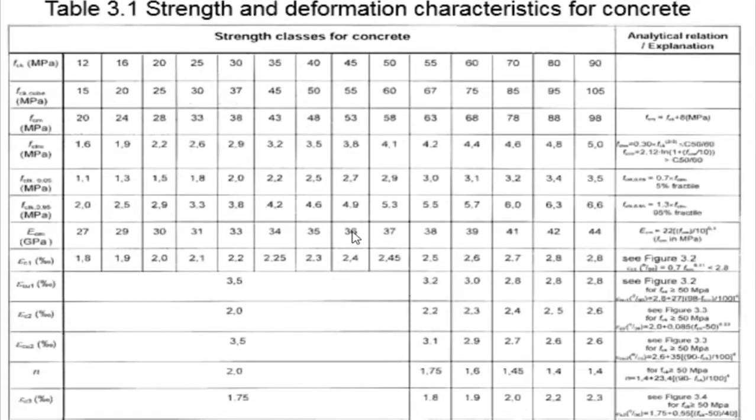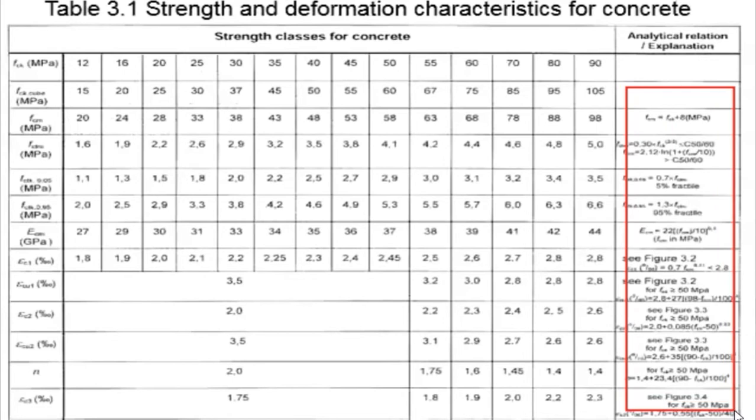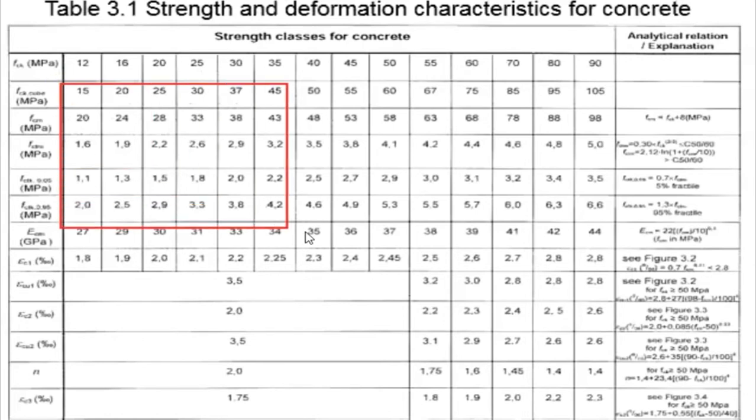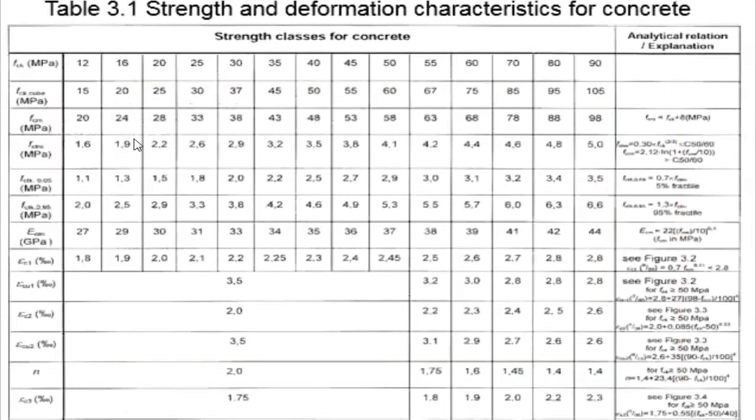Now, empirically, the value can be obtained for the different classes of concrete. Once you consider grade 20, you can have your value calculated from the formula mentioned here. So you can go through the different values, and you can have your values obtained from the tables, in which you can find the characteristic strength of the material under the deformation of the concrete.